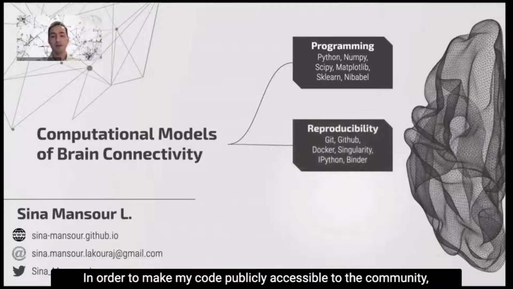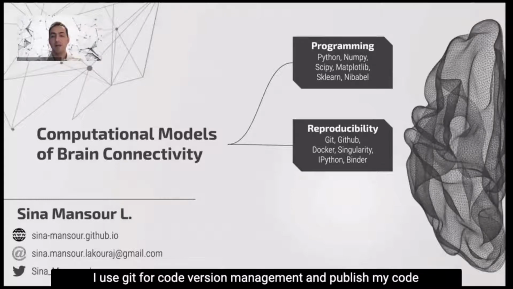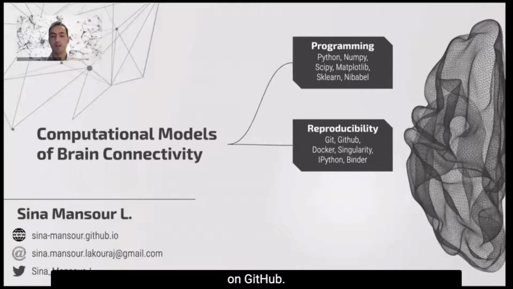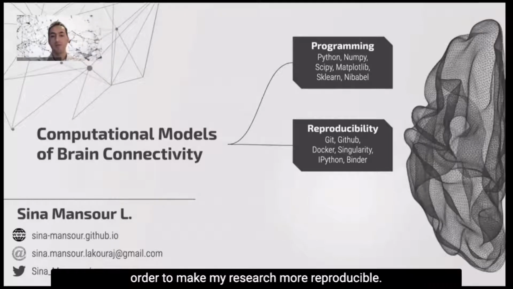In order to make my code publicly accessible to the community, I try my best to apply and implement best practices in reproducibility. I use Git for code version management and publish my code on GitHub. I also use IPython Notebook in combination with Binder in order to make my research more reproducible.